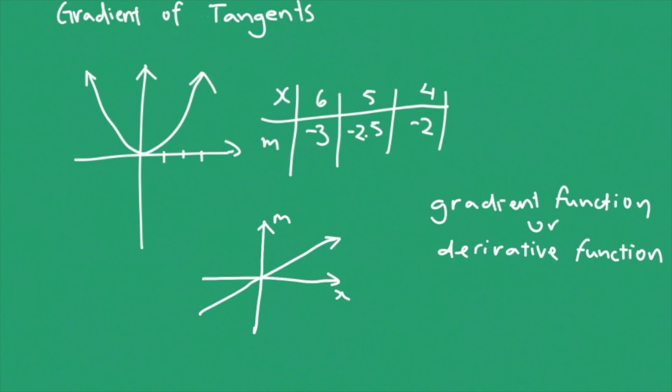We use f'(x) to represent that. So a derivative function is basically the gradient of the tangent to the function at each point on the curve.